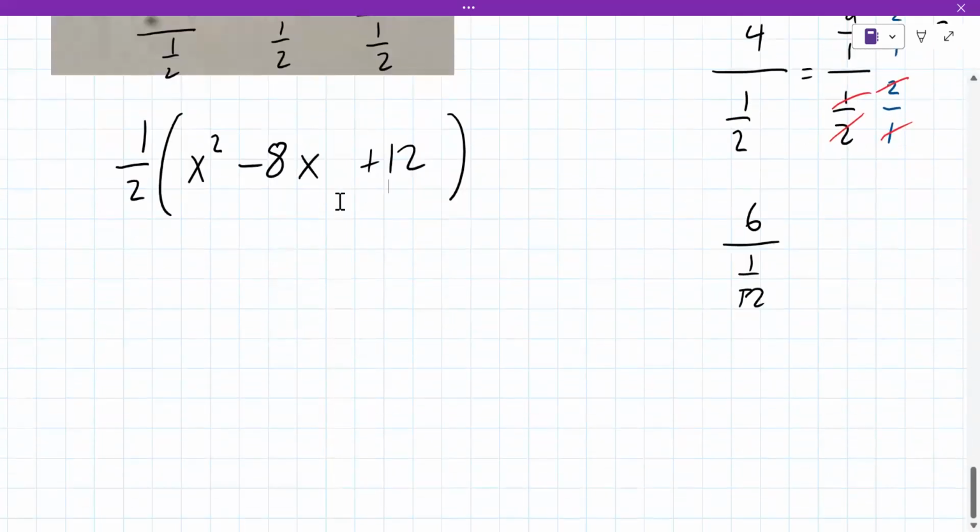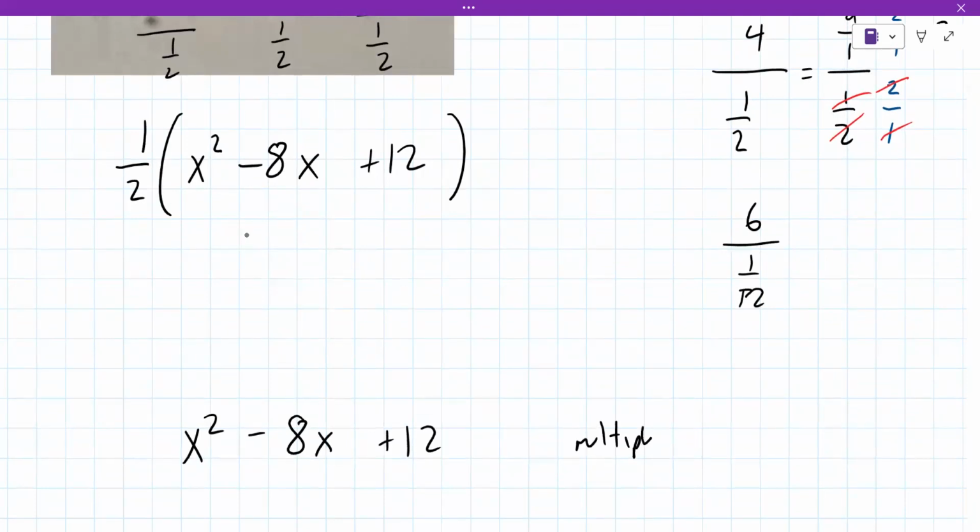Okay, so now you're looking for two numbers that multiply to 12. Let me go ahead and reframe this here. Multiply to 12. Okay, but they add to -8. -2 and -6. You got it.